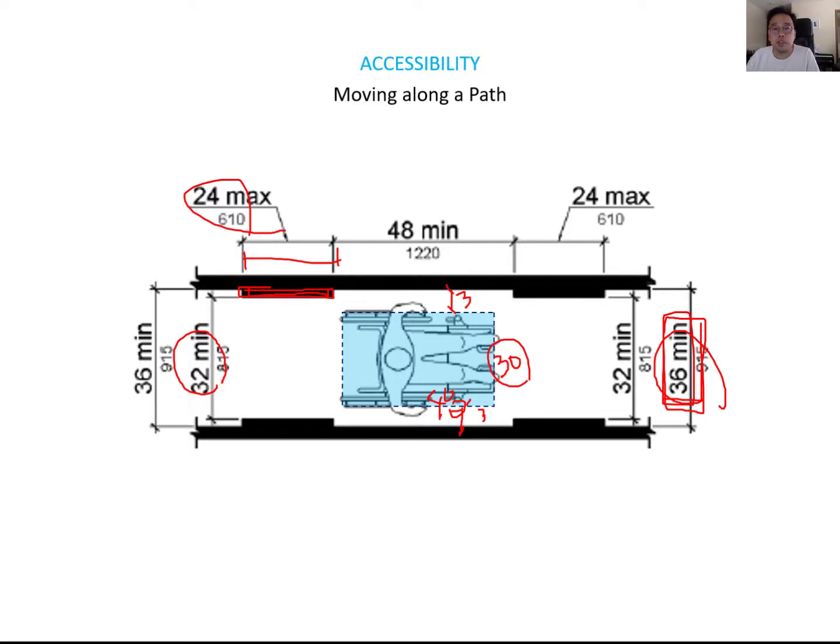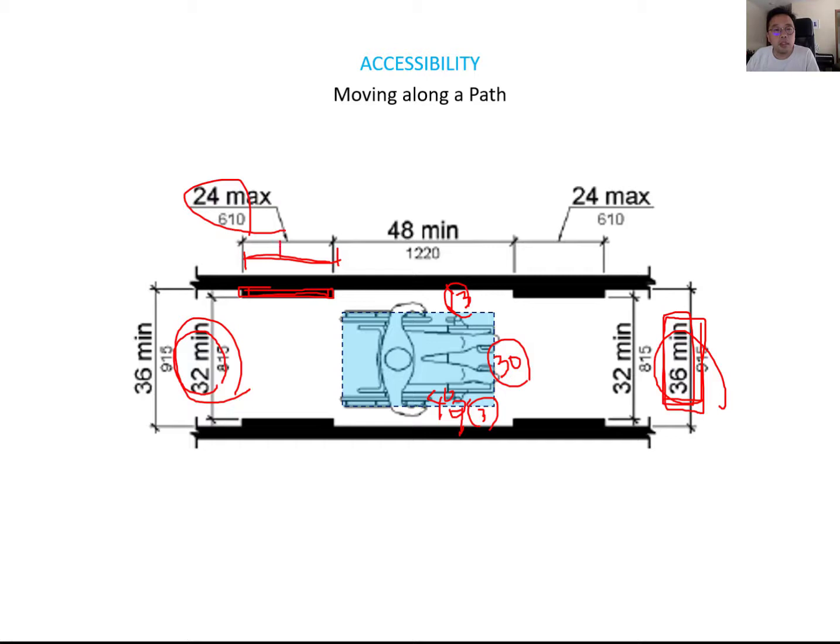Every dimension starts from the 30 by 48, so your passageway can be 36 inches because it provides an extra 3 inches on both sides. But when you reduce the dimension because of a column or door or any object, you can reduce it to 32 inches. But this 32 inch width can be at most 24 inches long.